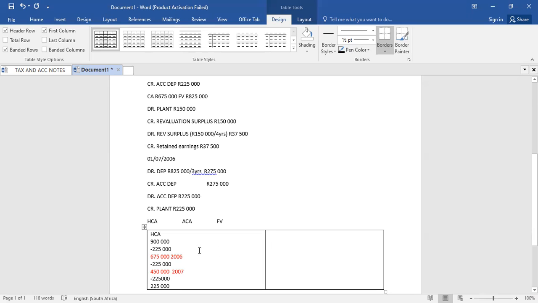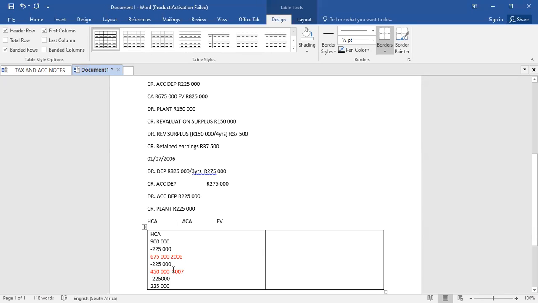The first historical carrying amount will be the historical carrying amount of the year in which we started revaluating. So the first historical carrying amount is 675,000, the historical carrying amount in 20x6, the year ending 30 June 20x6, which is 2006.